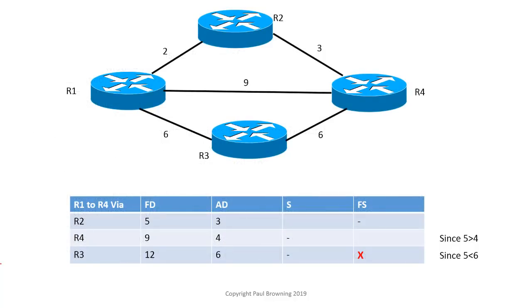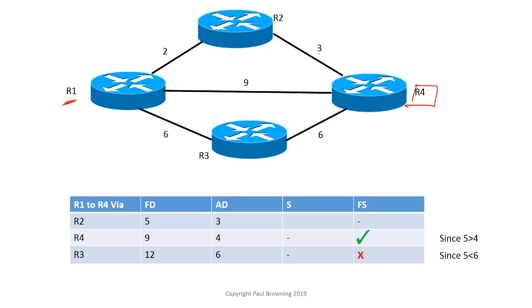So check your study guide and hopefully it'll go into more information, but you've got router 1 here and it's trying to establish how to get to router 4. And these are the speeds of the links. You've got various speed links for whatever reason on your topology. So the feasible distance, the advertised distance here.